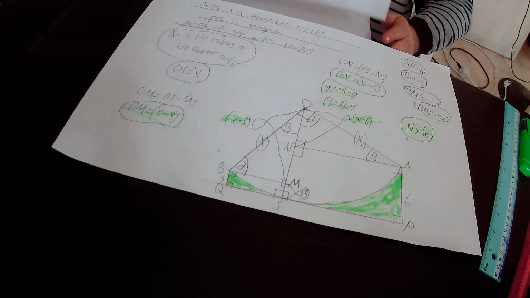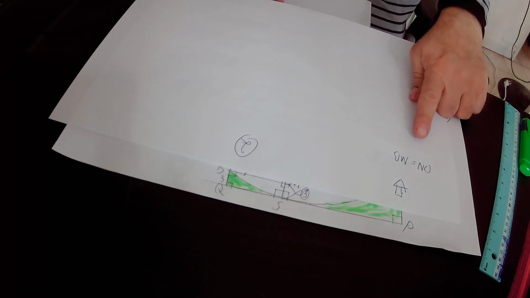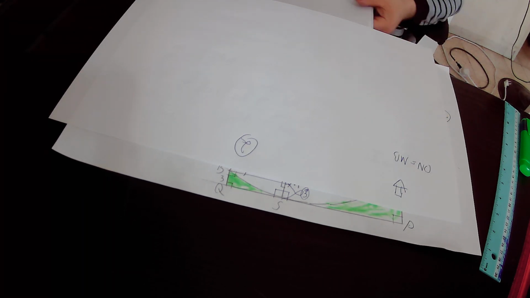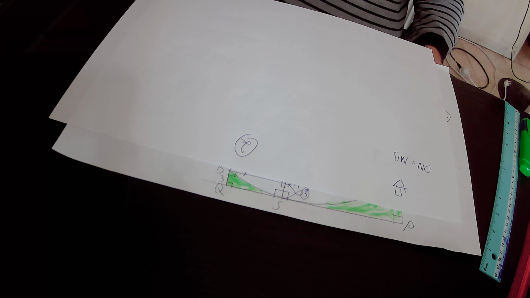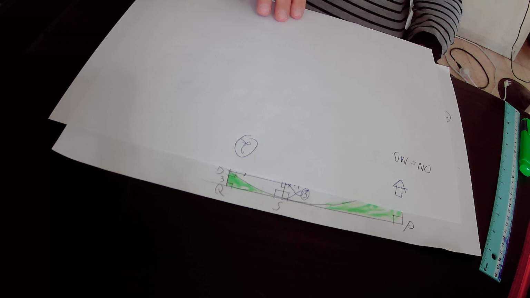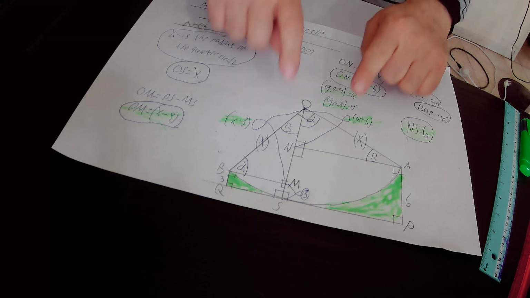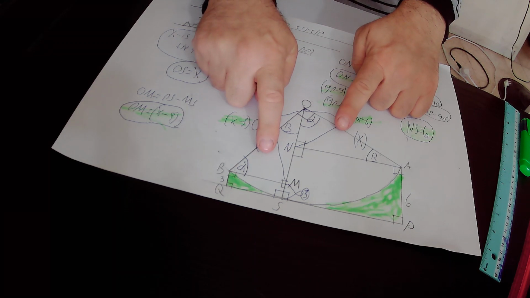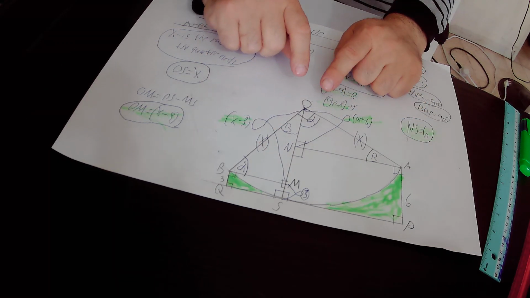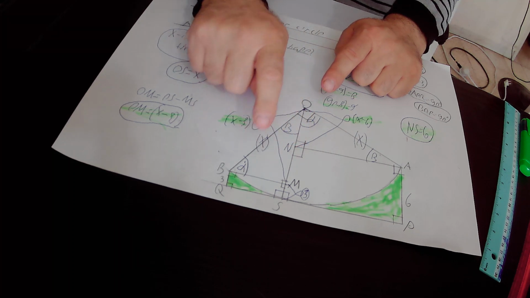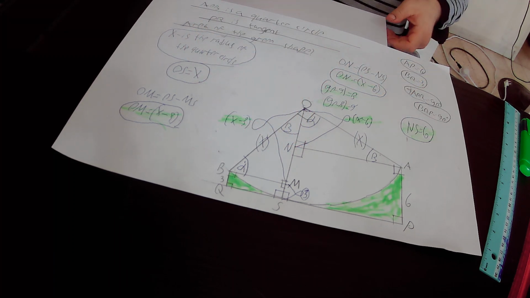Repeat again. We derive that ON equals NB according to the rule that corresponding sides in congruent triangles are equal to each other. Those two triangles are congruent to each other, therefore the two corresponding sides, that is to say ON and NB, must be also equal to each other.